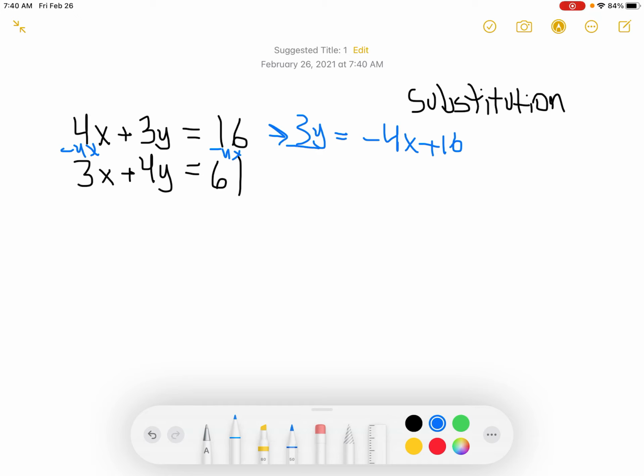So then you divide by 3, and then let's just erase this, or, well, I'll just write it over here. Oh, actually, yeah, I can just do this. So our new equation is y equals 16 divided by 3. 5.3.